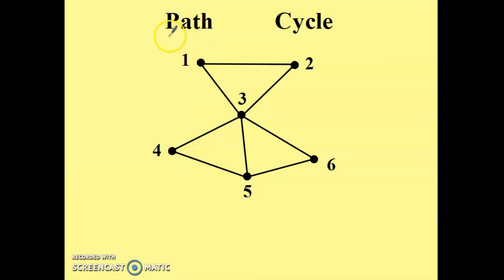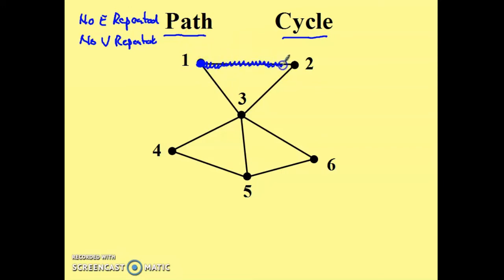All right, so now a path and a cycle. What makes a path different than a trail is that this time not only are no edges repeated, but in a path, no vertices repeated. So again, if I were to start at 1, that's a path of length 1, right? 1 to 2 to 3, that's a path of length 2.